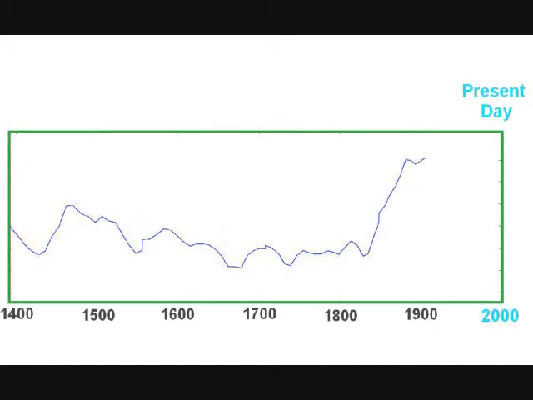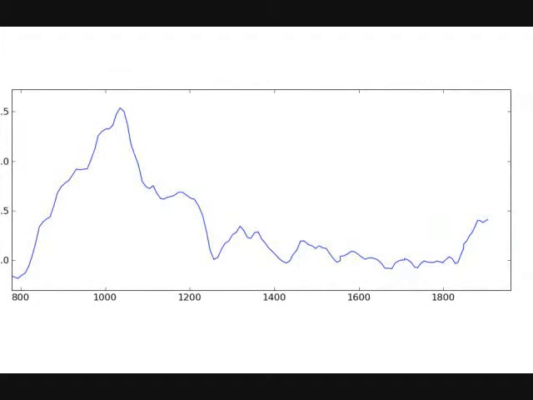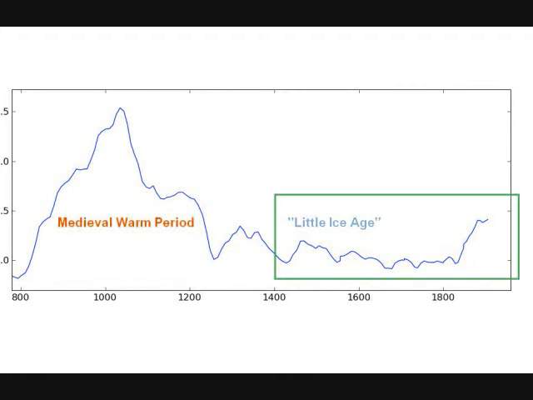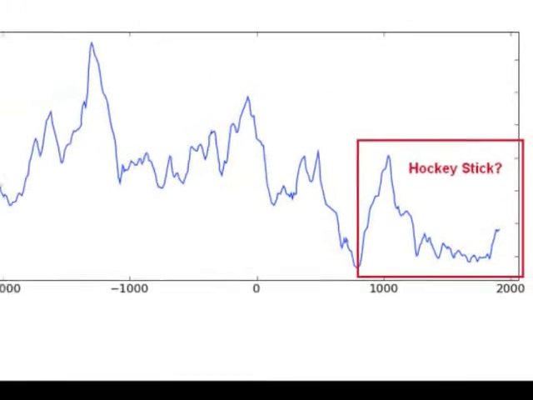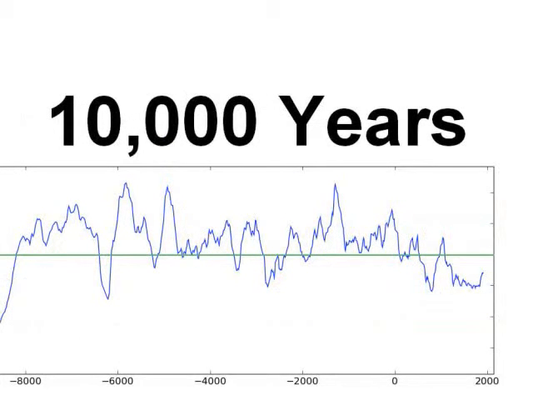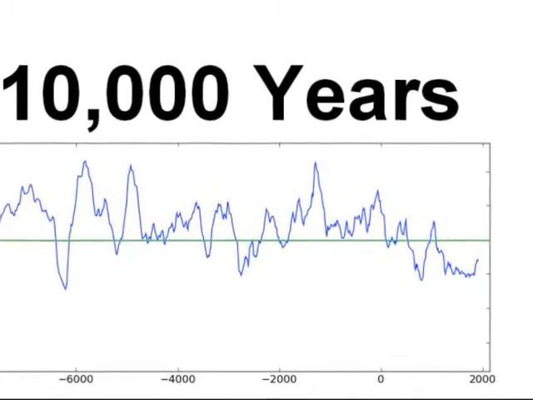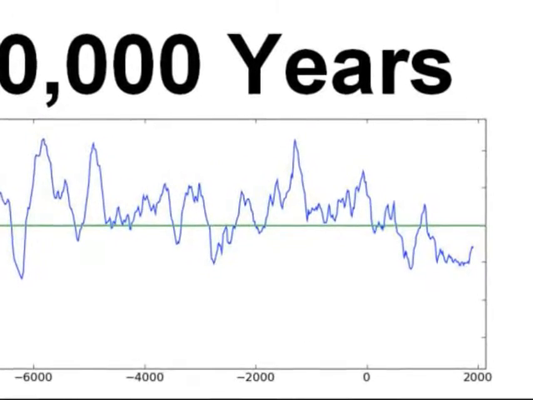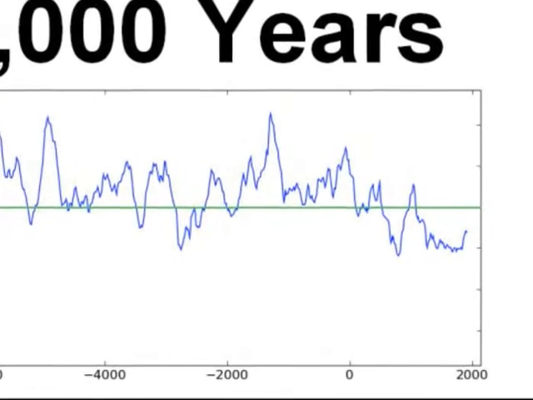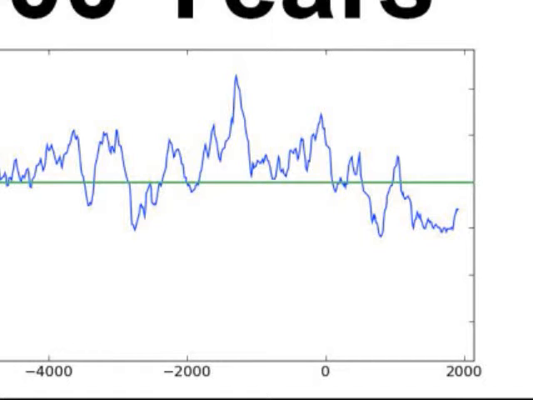The hockey stick becomes very small and obscure and is overwhelmed by the medieval warm period and the Roman climate optimum. And as you zoom out and look at the whole 10,000 years, you get a better picture of what climate has done, and you see at this point for sure that we are in a cold cooling period today. The past several thousand years is a period of cooling.